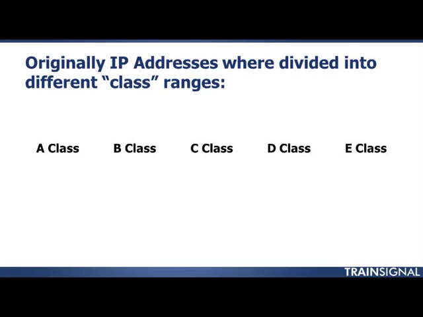The A class range of IP addresses you could recognize because the first number in that IP address was somewhere between 1 and 126. And I will tell you, by the way, if you were to break down what I'm about to show you into binary, it would kind of make sense. You can see why the dividing lines are where they are. But for right now, I want you just to remember the numbers 1 to 126.